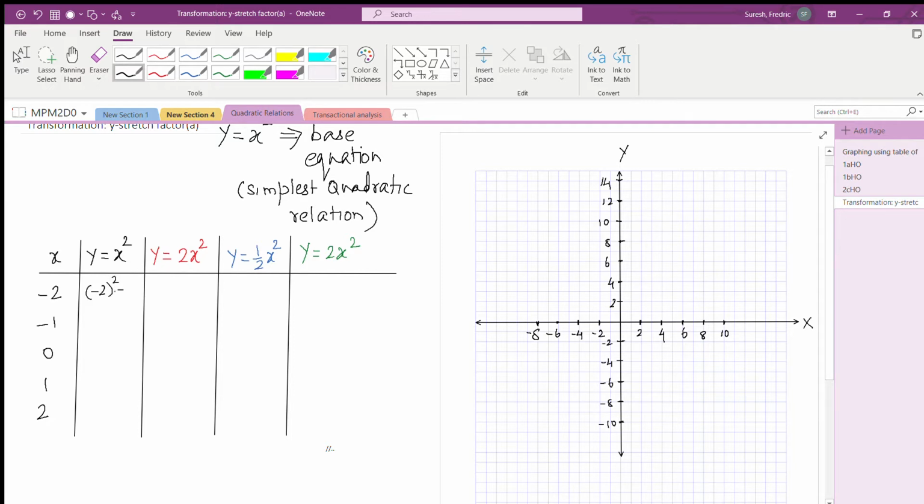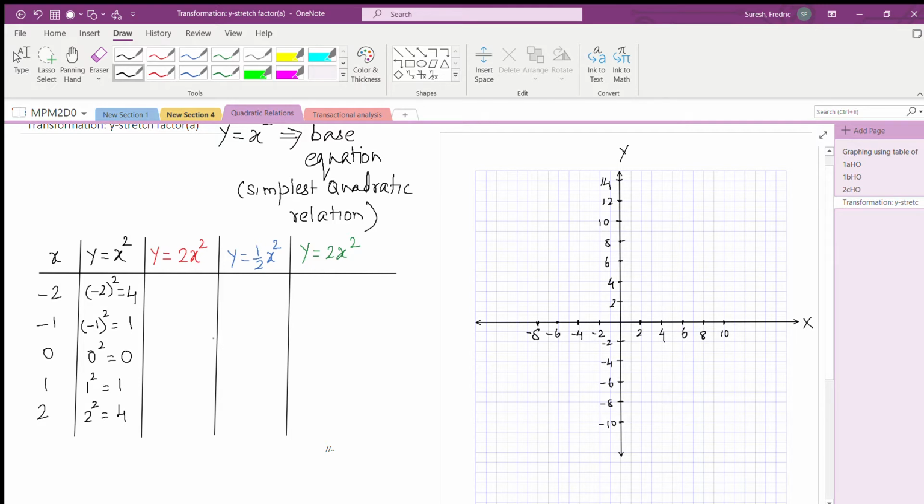We are squaring that, so we get a 4. Substituting -1, 1, 0 to the power of 2 is 0, 1 squared is 1, and 2 squared is 4.